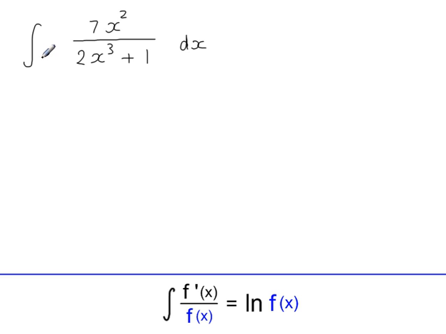In this example, we can clearly see that the numerator is not the derivative of the denominator.